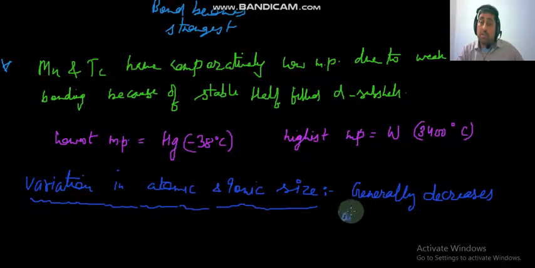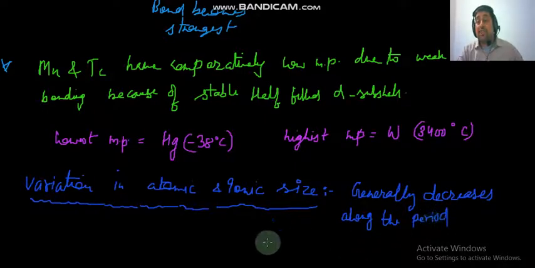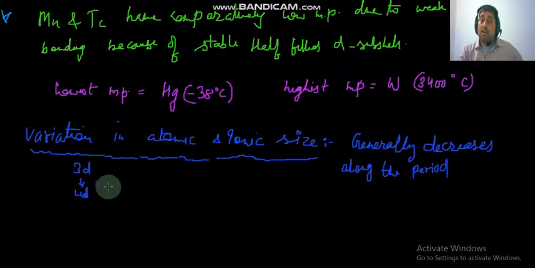So generally their atomic and ionic size decreases along the period. Now what is the interesting fact? When you move from 3D to 4D, you see somewhat of an increase in the atomic size, but on moving from 4D to 5D, there is very little increase in the atomic size.